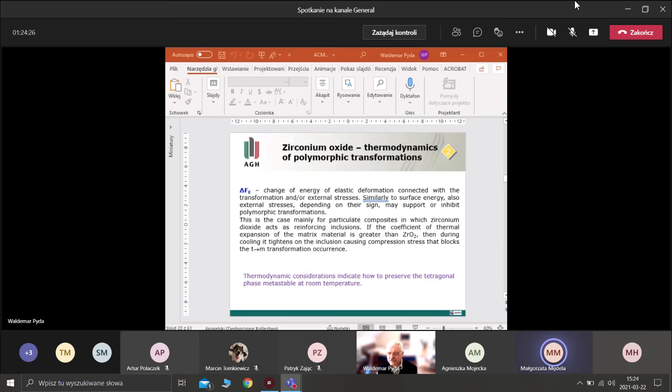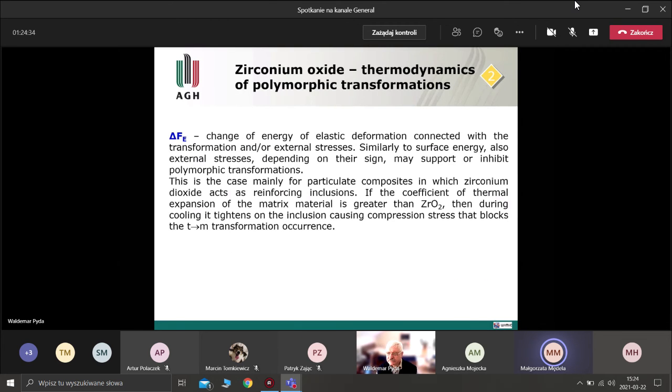Okay, so the source of that elastic deformation can be some inclusions in zirconium dioxide. How to explain this? You said simply inclusions.